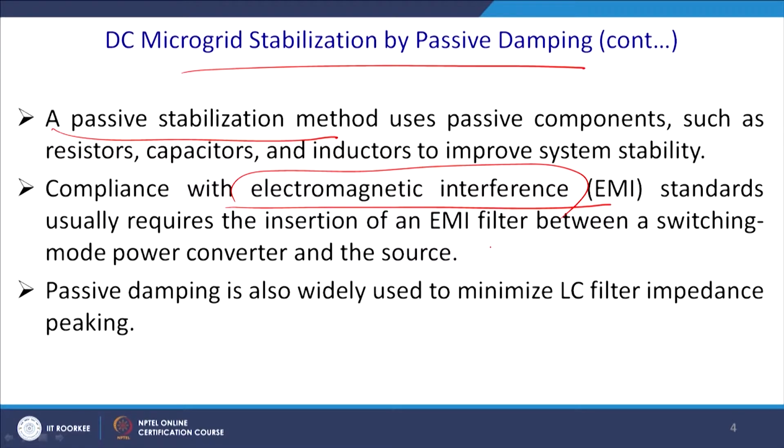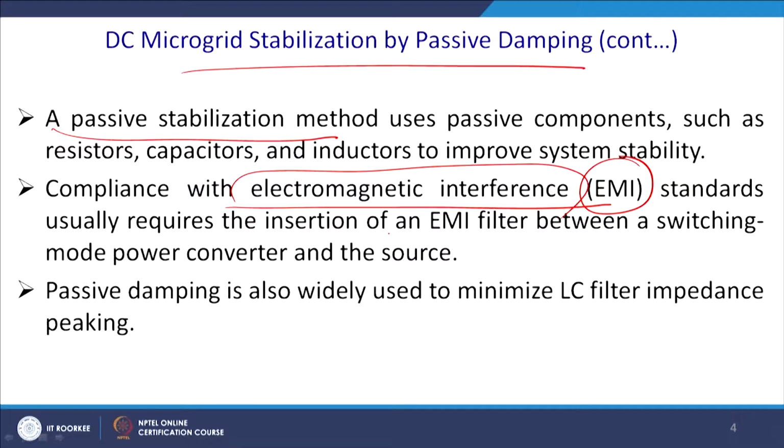So, you have to keep in mind that while you are damping, it may increase your electromagnetic interference, because when an electrical wave gets reflected, that will be the cause of the EMI, when there is a mismatch between the impedances.